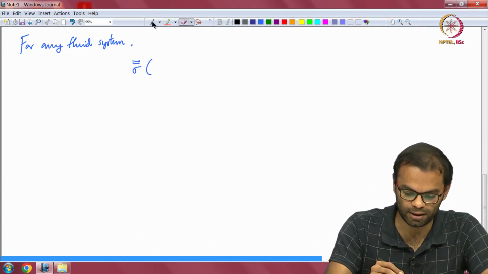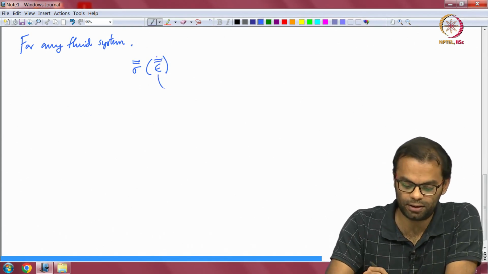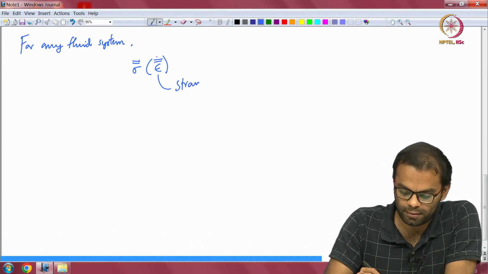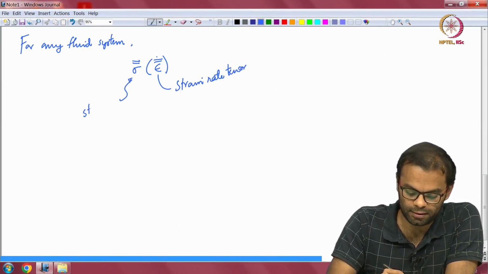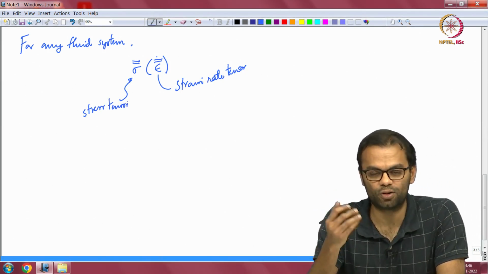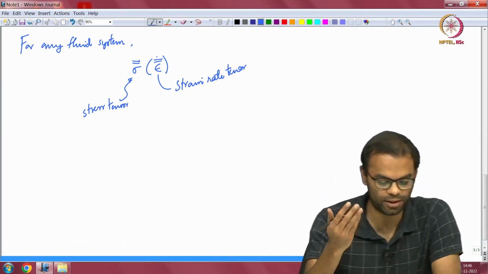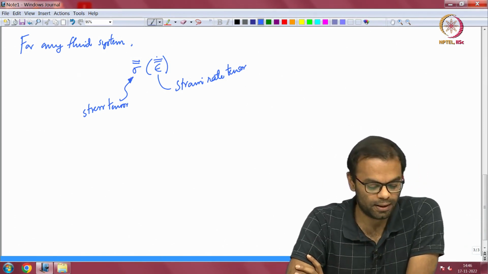Just to make my notation consistent, okay. So, this is your strain rate tensor and this is your stress tensor. It could be any of the stress tensors, could be any of the strain rate tensors depending on which configuration you are looking at, but those details are not important for us.